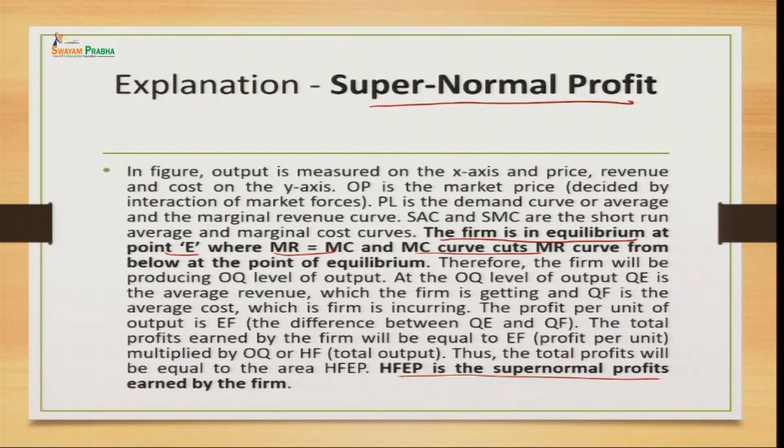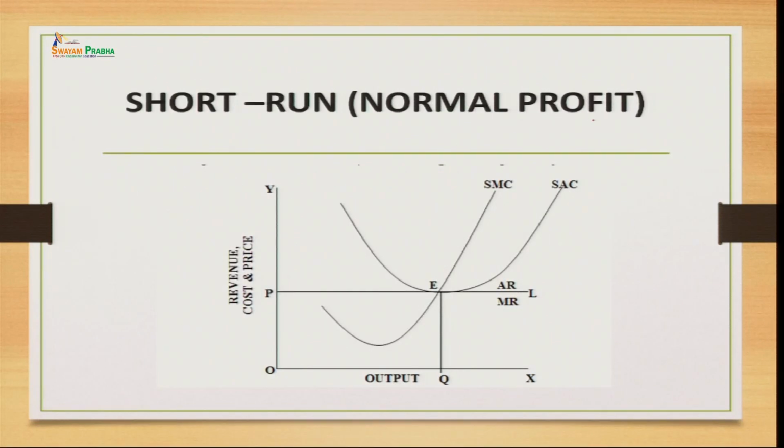Now, looking further, we have the short run normal profit. Okay. As we have seen, the firms working under perfect competition in the short run can either earn supernormal profit, or they can earn normal profit, or they might incur a loss, right. So, the first condition we have already seen, how firms earn supernormal profit in the short run.